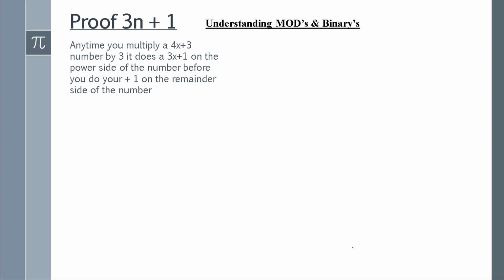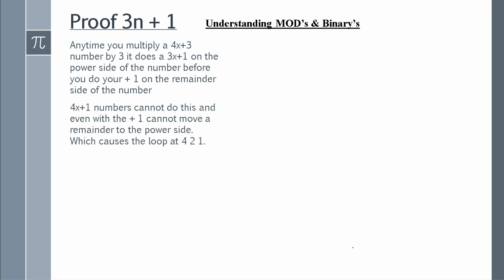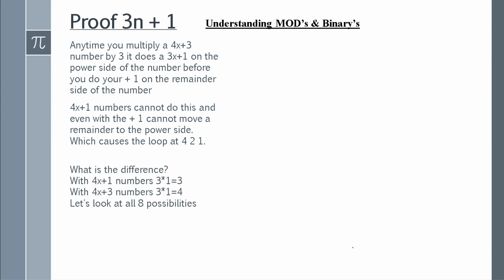So anytime you multiply a 3 mod 4 number, it does a 3x plus 1 on the power side of that number before you add 1 to the remainder side. All 1 mod 4 numbers cannot do this, so you get a 4-to-1 loop. So 50% of all odd numbers are going to give you a 4-to-1 loop.